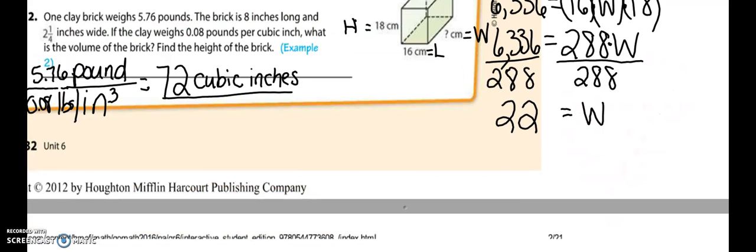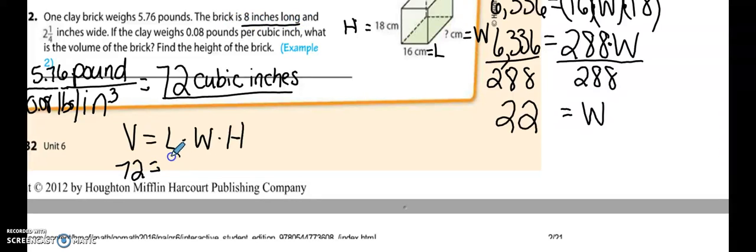Now I need to go back to my volume formula. Volume equals length times width times height. And 72 cubic inches is my volume. I was given my length of 8 inches. I was also given my width of 2 1/4 inches.